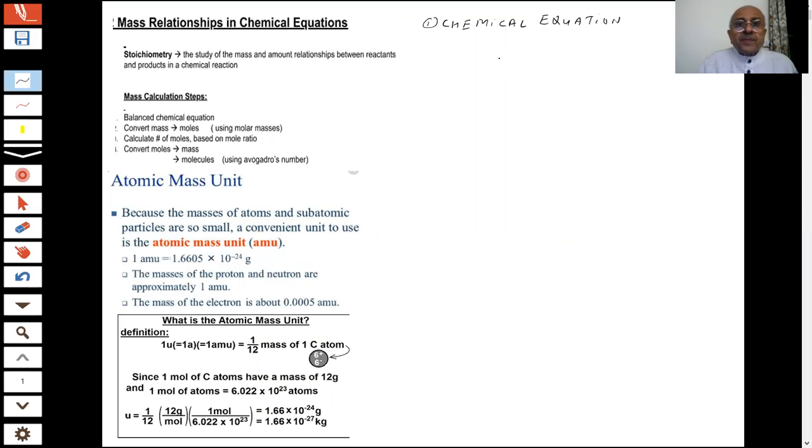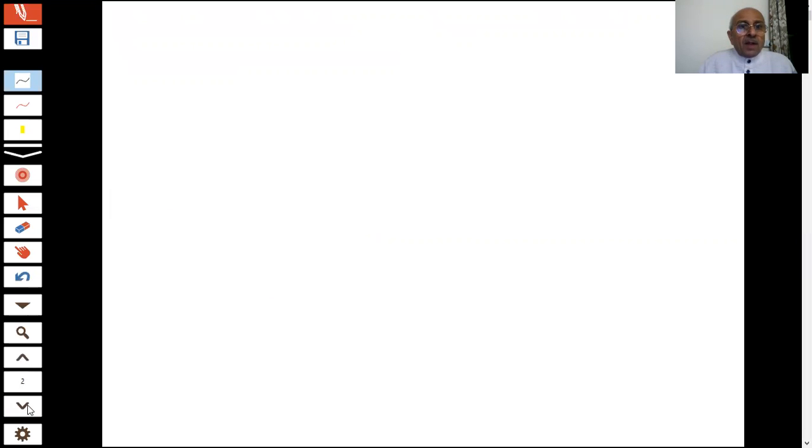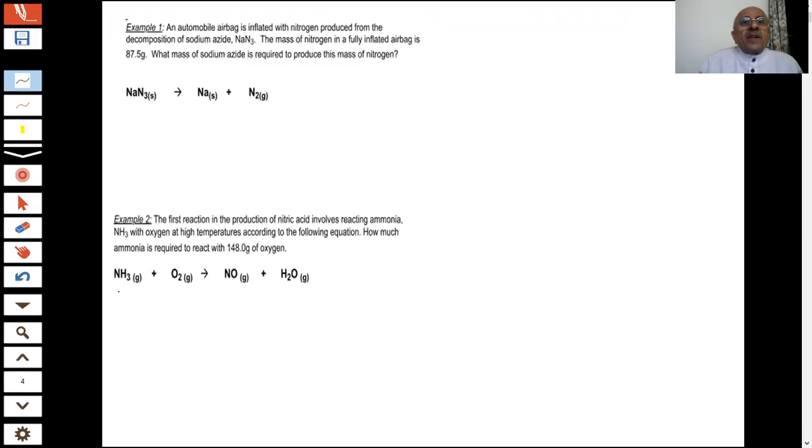For example, students, here is a reaction. An automobile airbag is inflated with nitrogen produced from decomposition of sodium azide. The formula of sodium azide is NaN3. Now, I will solve this question later on.